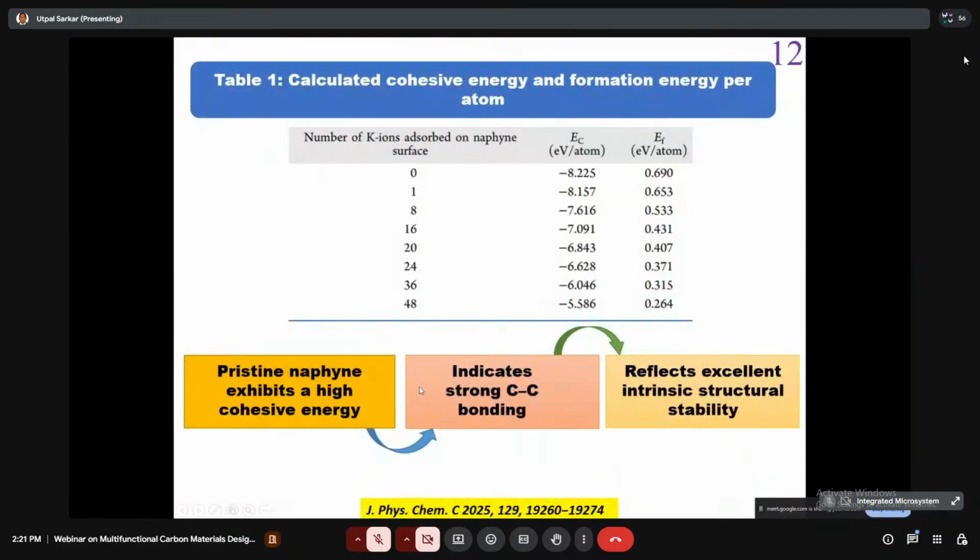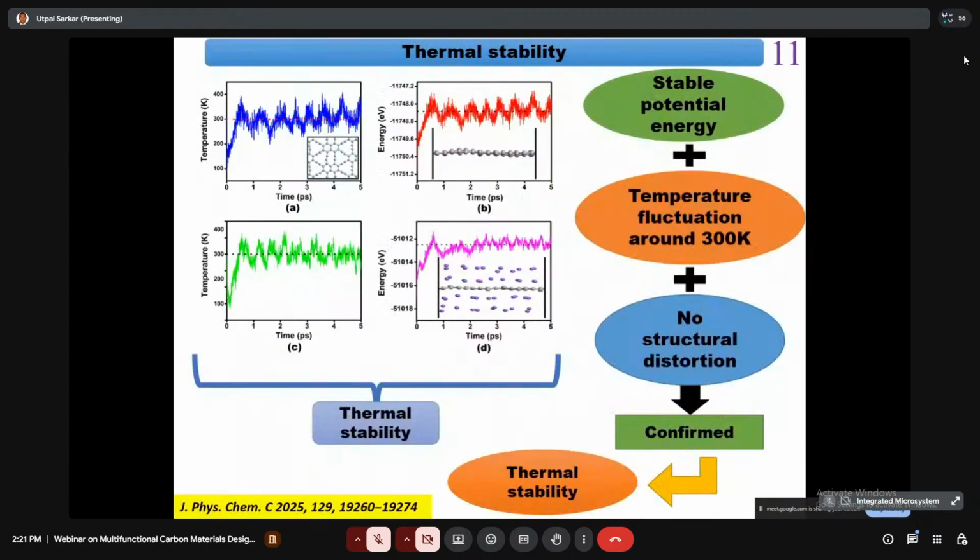Similarly, the potential energy graph also tells you that there are not that many fluctuations in the potential energy curve for the pristine system as well as the potassium sodium absorbed system.